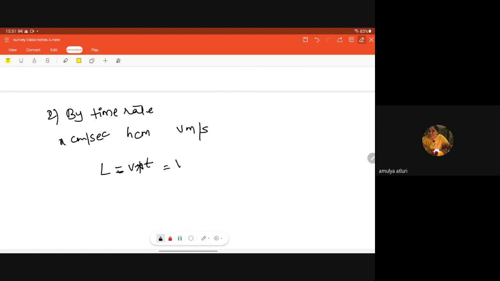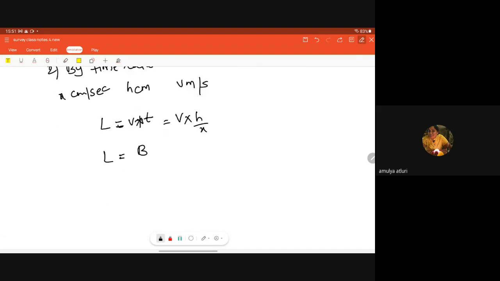So I can write this t as h by x, distance traveled. So my L is equal to, substituting h as B v square by gr, B v cube by r g x. This is length of transition curve by time rate.